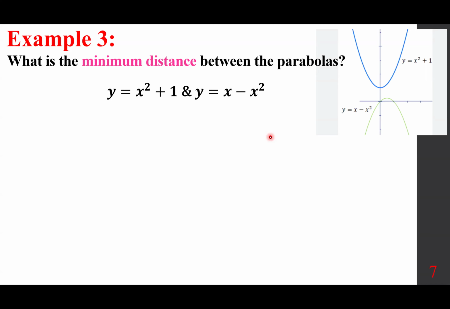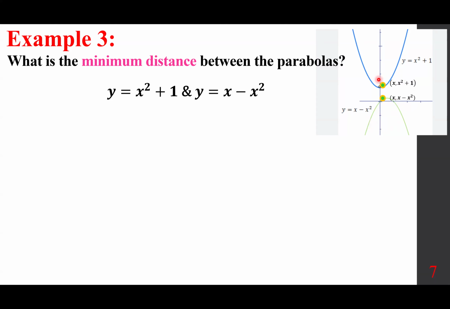Okay, so we want to find the minimum distance. Somewhere there is a minimum distance, which is between 2 points having the same x coordinates. So if this one has x coordinate x, then the y coordinate is x squared plus 1. For the green one, it should be x and then x minus x squared.